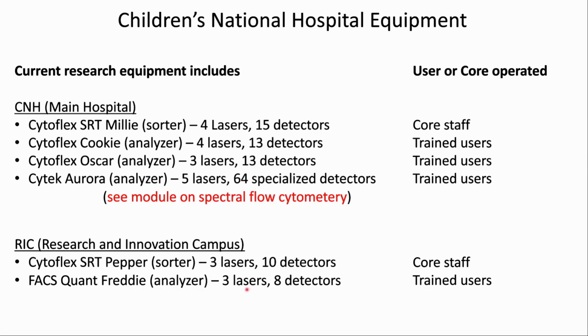This analyzer has 3 lasers and 8 detectors off of those 3 lasers. All the analyzers can be user-operated after training on the use of the software. The 2 sorters are reserved for core staff operation because of the technical hurdles in setting up the sorting instruments.